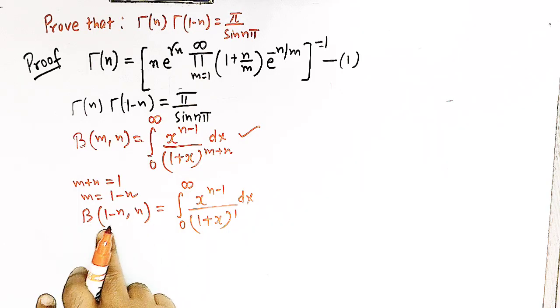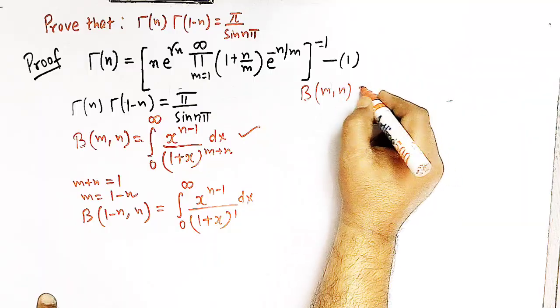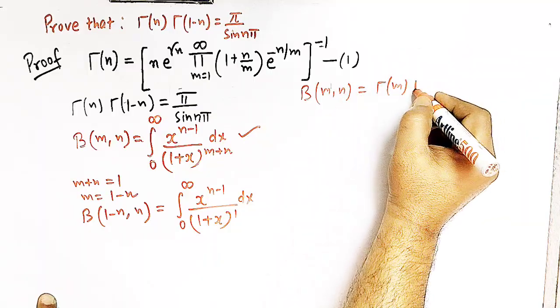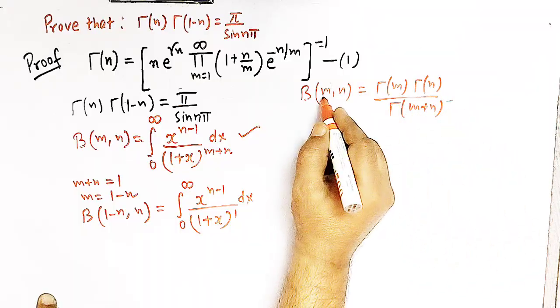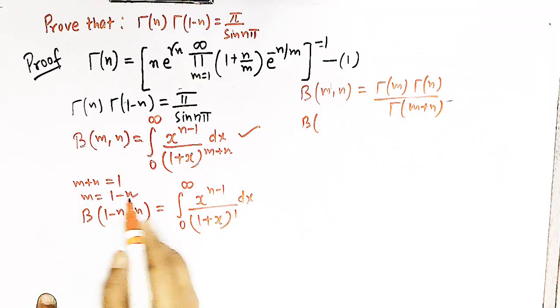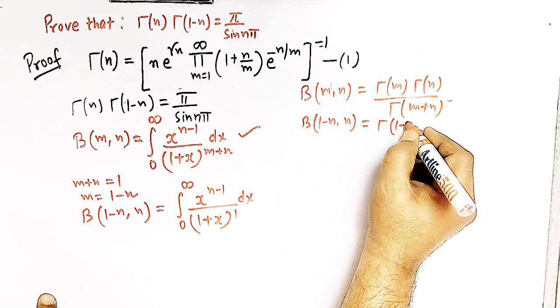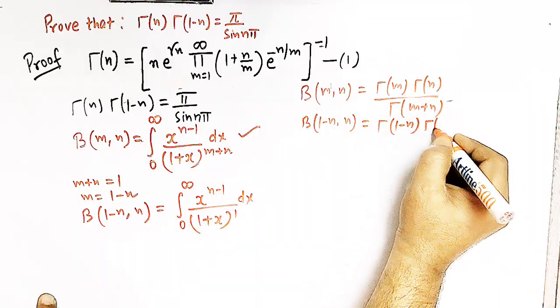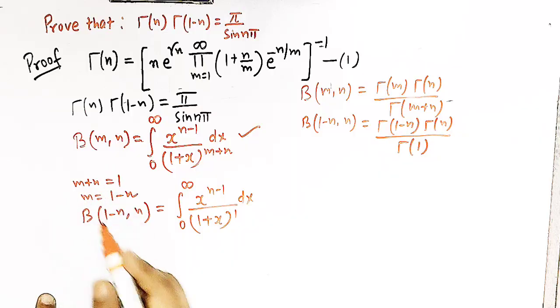So now here we can use the relationship between the beta function and gamma function, and we know that beta m comma n is given by gamma m times gamma n divided by gamma m plus n. Now m is 1 minus n, so we have gamma 1 minus n for m, gamma n, and gamma 1, because m plus n is equal to 1.